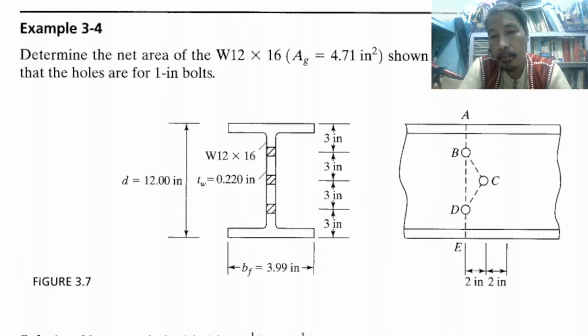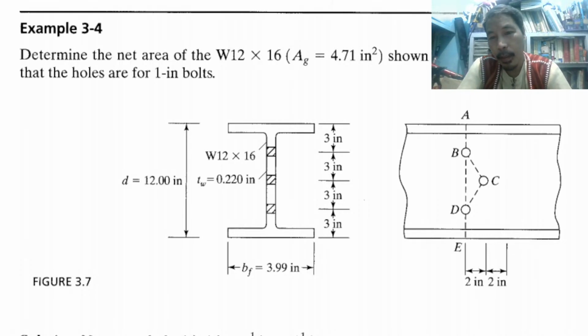Therefore, if we are allowed to do so, we have to use the maximum cross section if that's possible, economically and for other reasons.